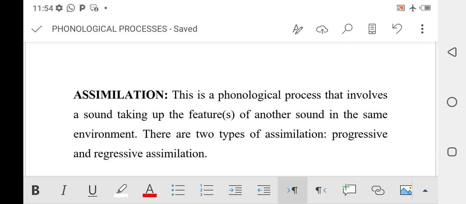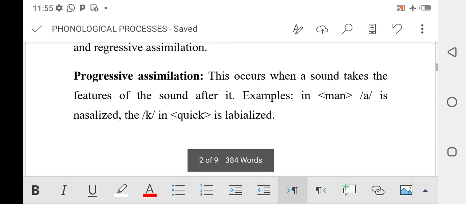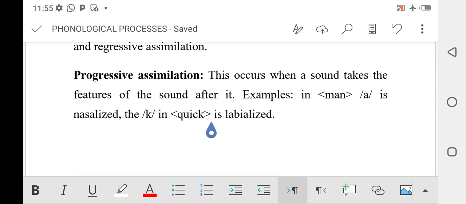So in progressive assimilation, K is looking forward to S. In regressive assimilation, K is looking backward to N. So that you understand progressive and regressive assimilation. Progressive assimilation occurs when a sound takes the features of the sound after it.